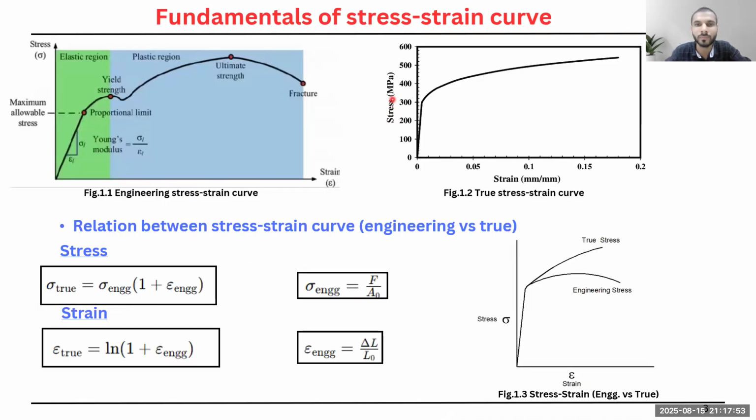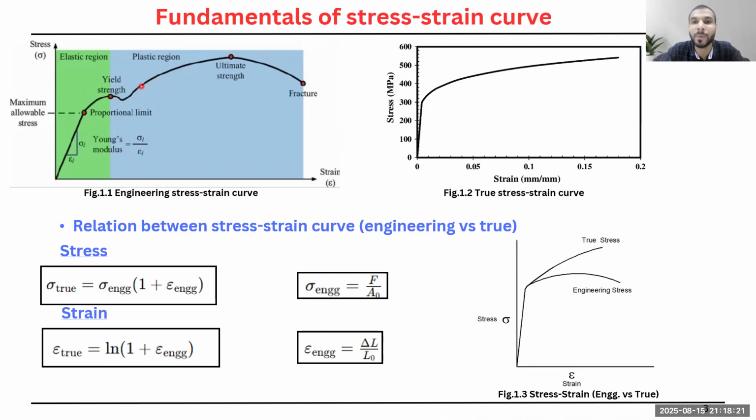Now, you can see in this engineering stress strain curve, till this yield point, there is an elastic region in which when the material deforms, it will regain its original shape. But after this point, it enters the plastic region, and after the deformation, it will not be able to regain its original shape.